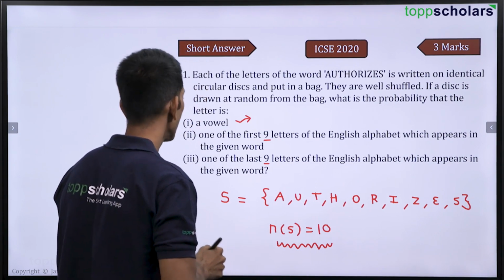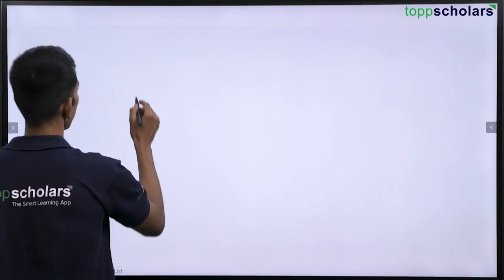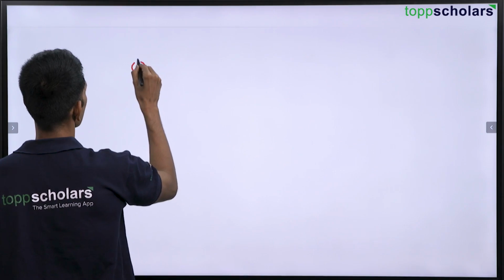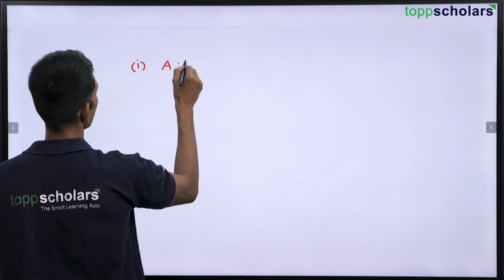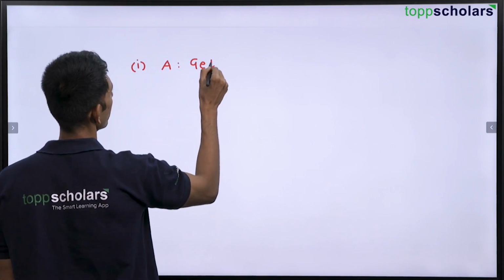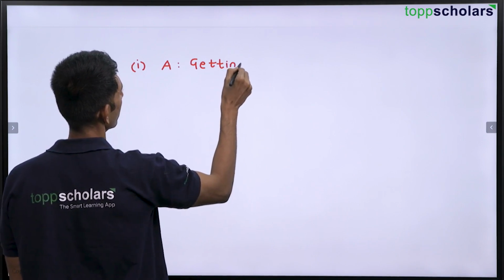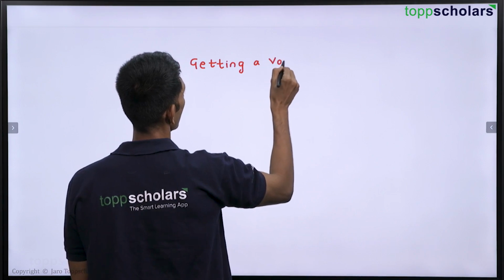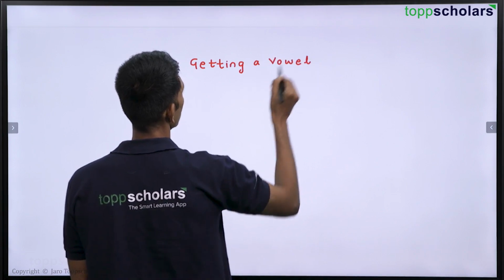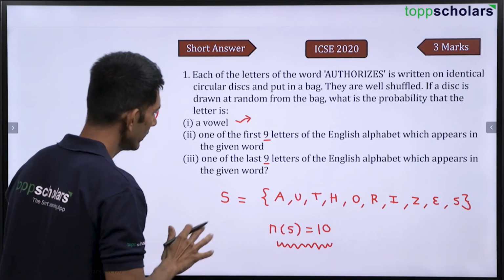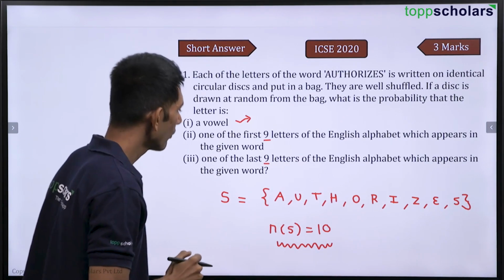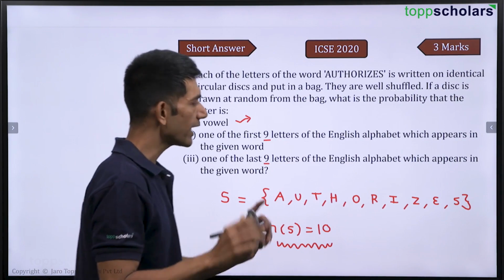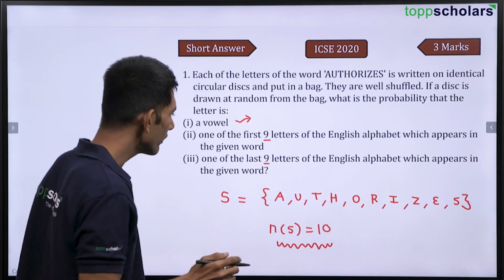Now let's talk about vowels. So if I talk about the first part, so let A be an event of getting a vowel, right? So if A is an event of getting a vowel, let's try to understand this. What all vowels are there? A, E, I, O, U. But here are all the vowels utilized.